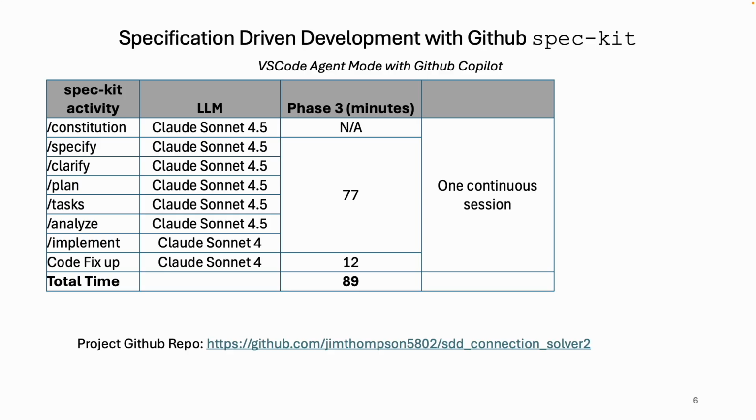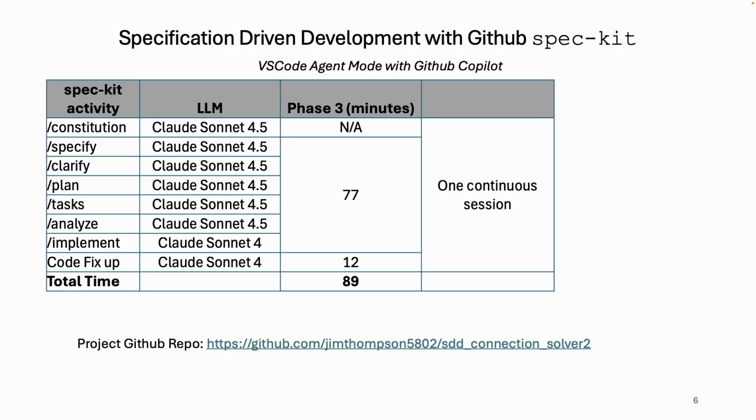Here is a summary of the phase 3 durations. All activities in phase 3 were performed using VSCode agent mode with GitHub Copilot assisting throughout the workflow. Since the project's constitution was established as part of phase 1, we simply reused it here because the core purpose and structure of the project remained the same.